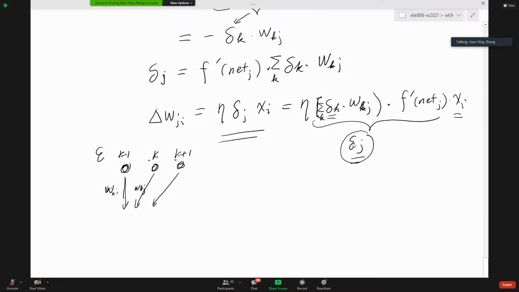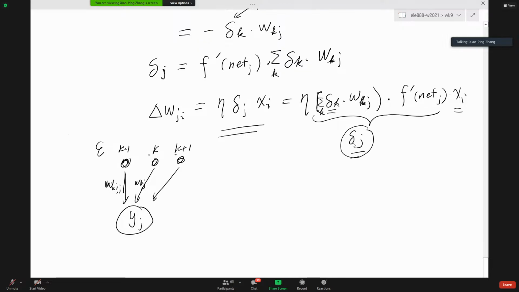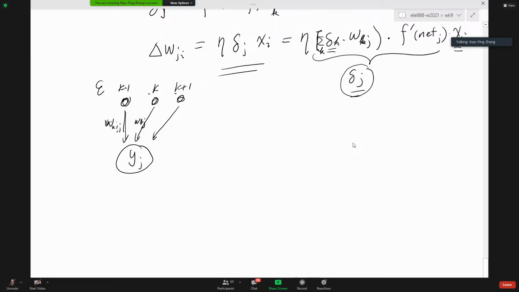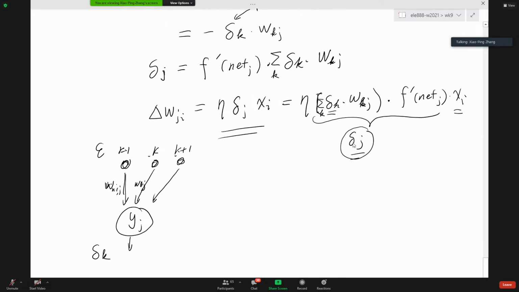This is WK minus 1 J. All of them are related to YJ. And this arrow to here, it becomes delta, you get your delta K.